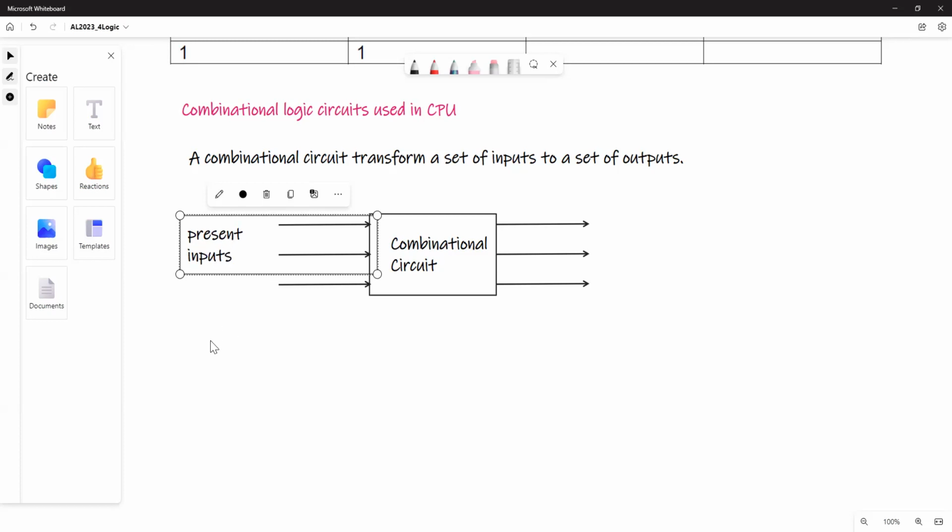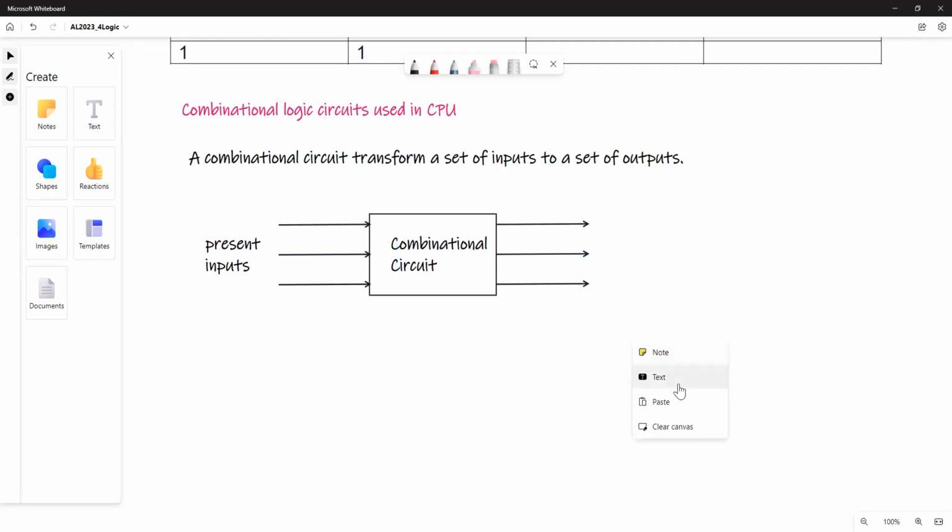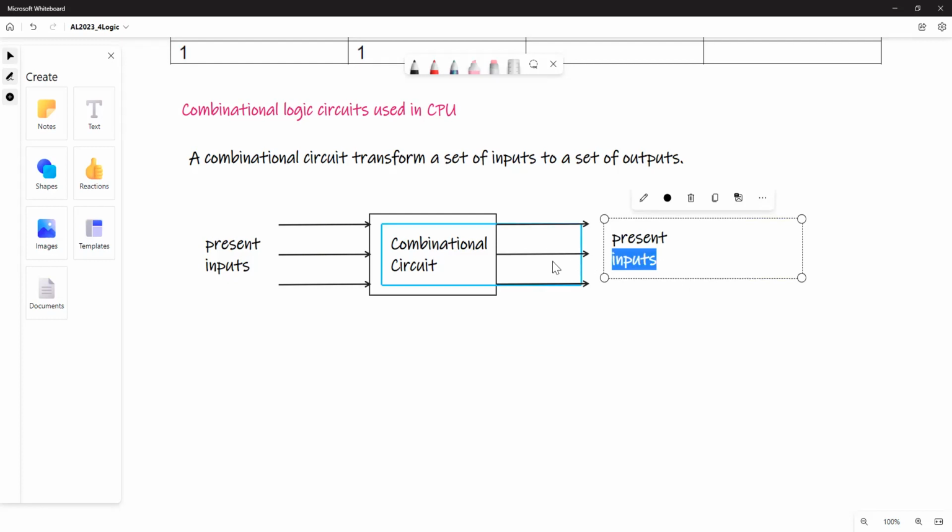The reason why I have put present here is sometimes in the other type of circuits we will discuss, we can use previous states as well. Okay, so this one, we call it present output. Right.